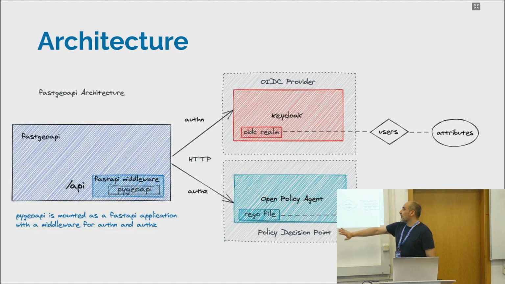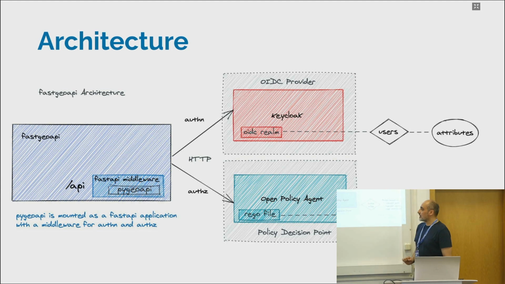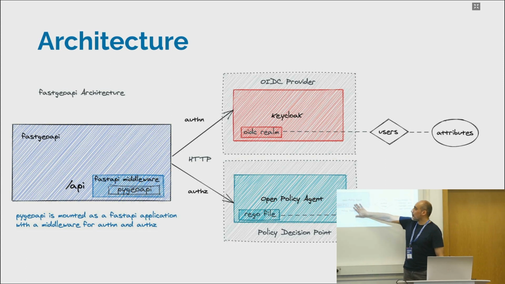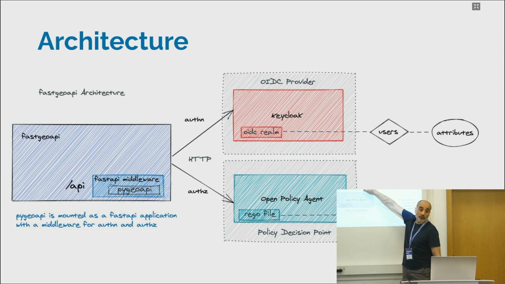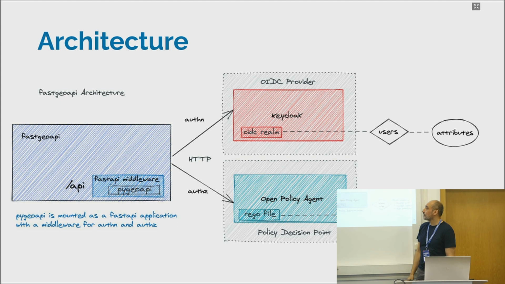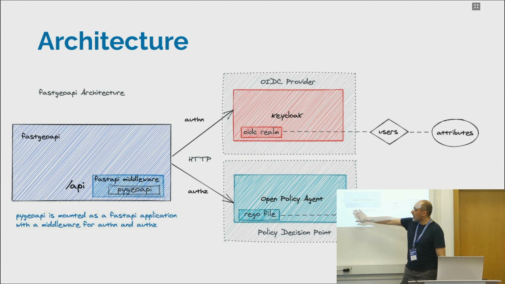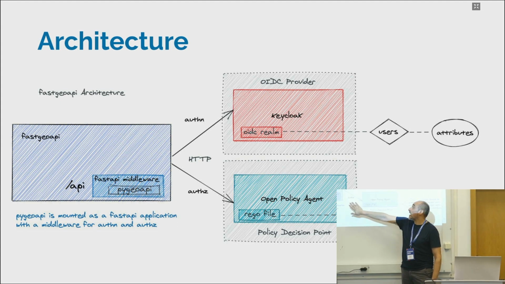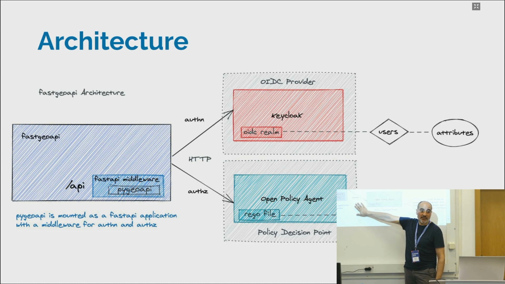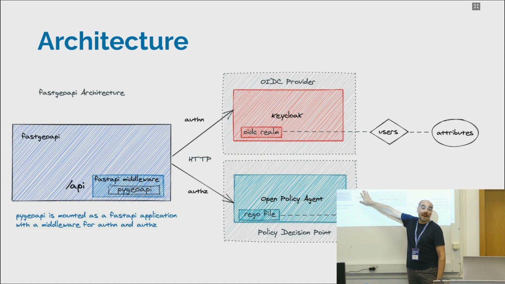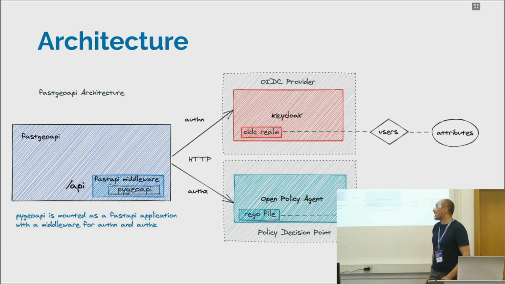This is very quickly the architecture. We have these two components, Open Policy Agent and Keycloak. Keycloak can be replaced by any compliant OpenID provider. Everything happens in terms of authentication and authorization at HTTP level, and I will show you how it looks.